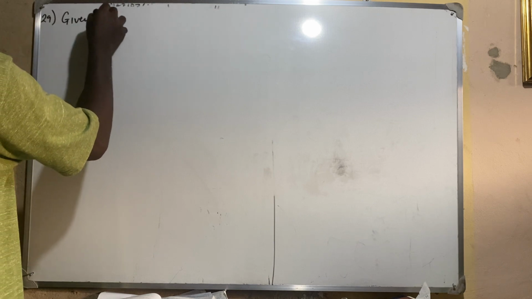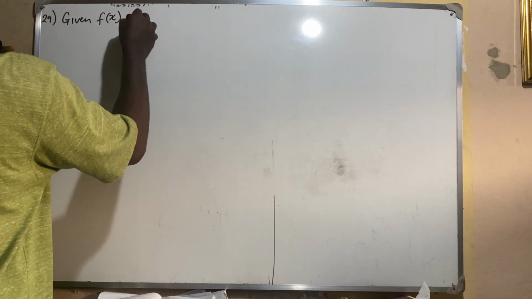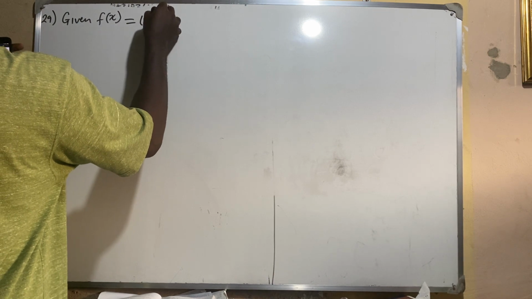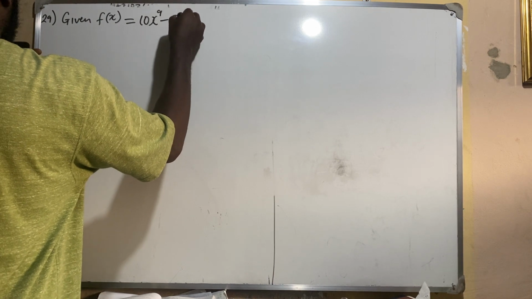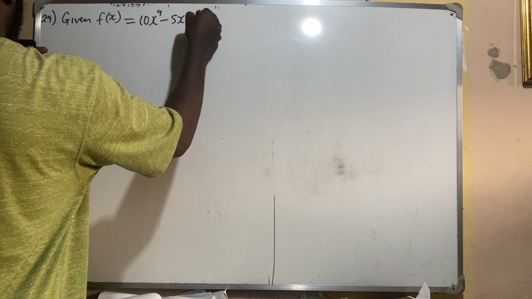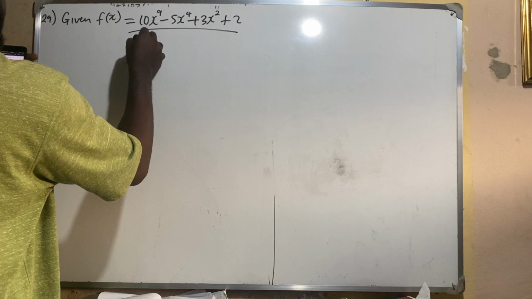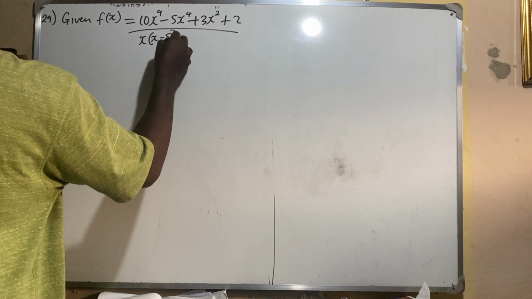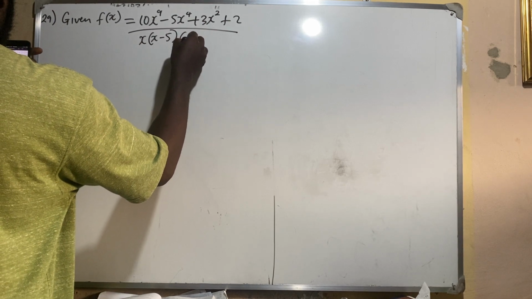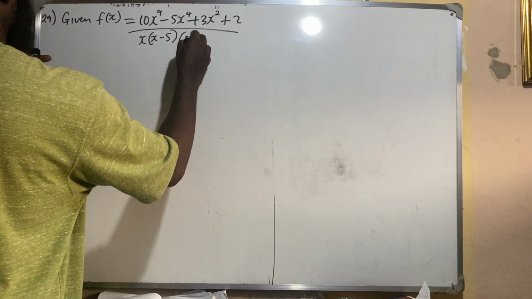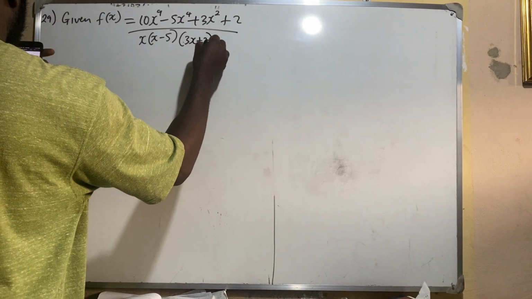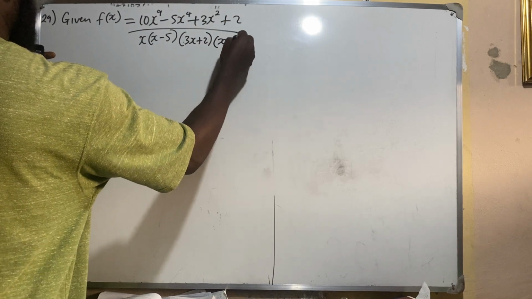So question number 29. Question number 29 says, given that f of x is equal to 10x raised to power 9 minus 5x raised to power 4 plus 3x raised to the power 2 plus 2 over x in bracket of x minus 5, 3x plus 2, and x minus 2.